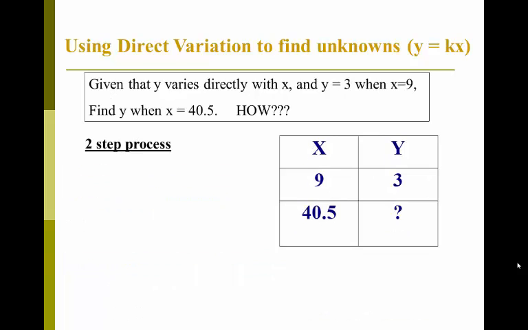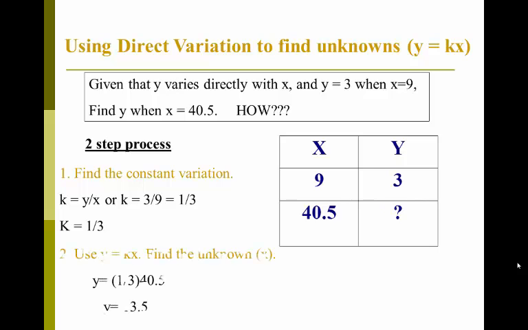Let's try it again. Again, we have to first figure out our k value, so we do 3 divided by 9, which is 1/3. In order to find that next piece, we're going to plug in 1/3 for our k value and 40.5 into the x value. And when we do that multiplication, we get that y would have to equal 13.5.